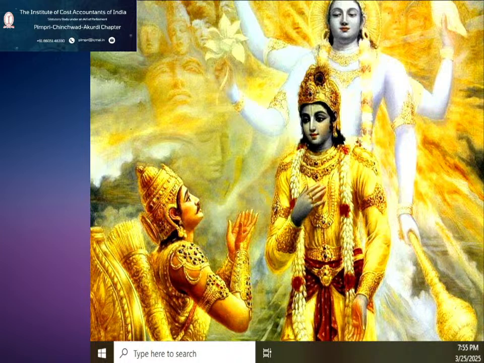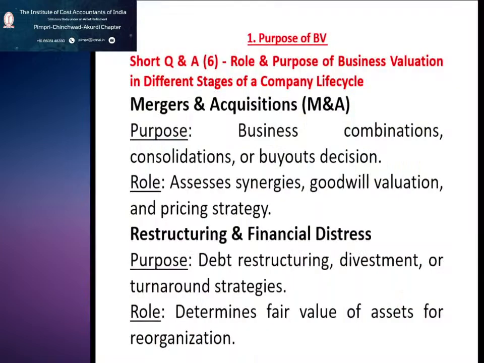Obviously a point comes in the life cycle of a company wherein restructuring or financial distress may also get faced by the company during its life cycle.